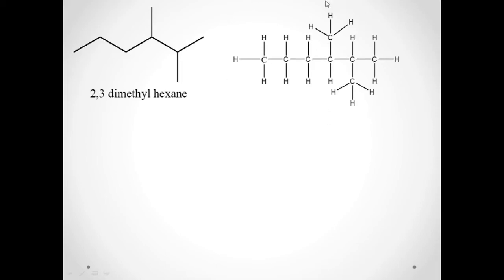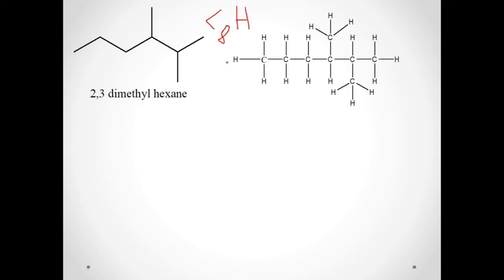So this is now the structural formula for 2,3-dimethylhexane. We have 8 carbons in total: 1, 2, 3, 4, 5, 6, 7, 8. Now we write the molecular formula. How many carbons are there? There are 8 carbons, so you would expect C8.